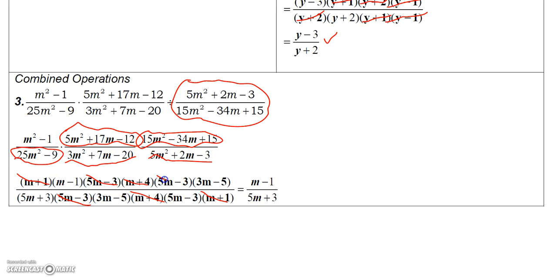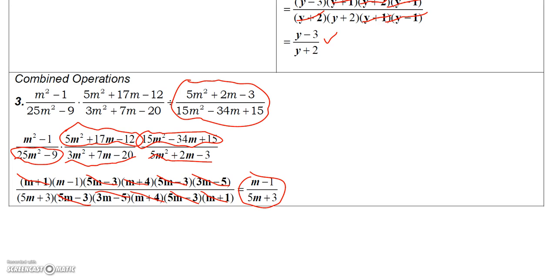And I actually have a 5m minus 3 again in the numerator and a 5m minus 3 again in the denominator. And then let's see, what about 3m minus 5? Yes, I have a 3m minus 5 in the numerator and a 3m minus 5 factor in the denominator. So that's going to leave me with m minus 1 in the numerator and 5m plus 3 in the denominator.